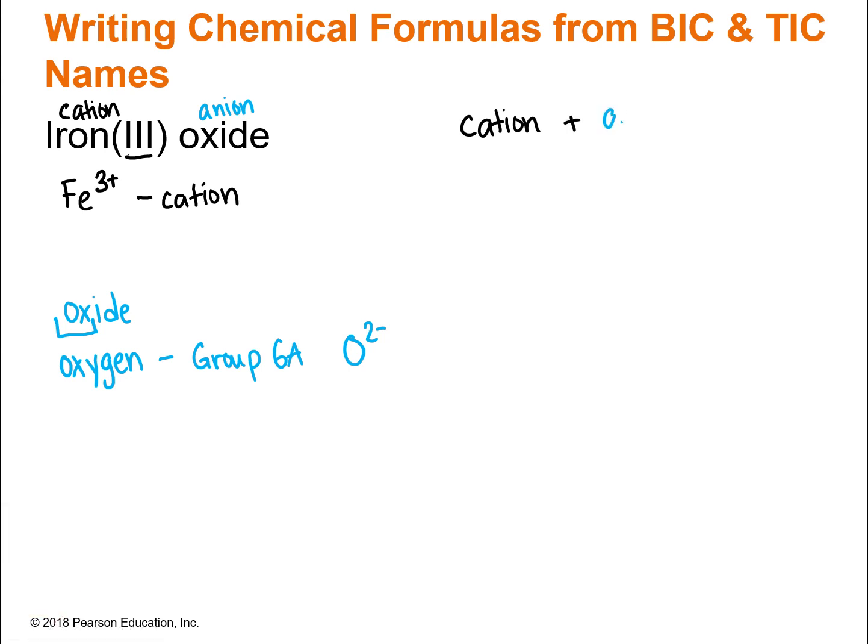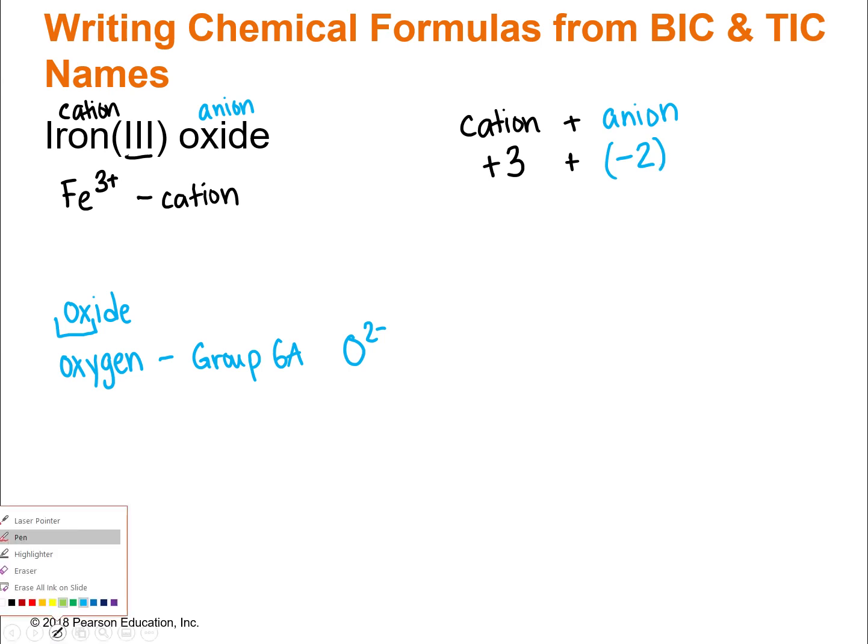If we take one cation plus one anion, what do we get? Our cation is +3. The anion is -2. Those are not equal. We have a non-zero answer.